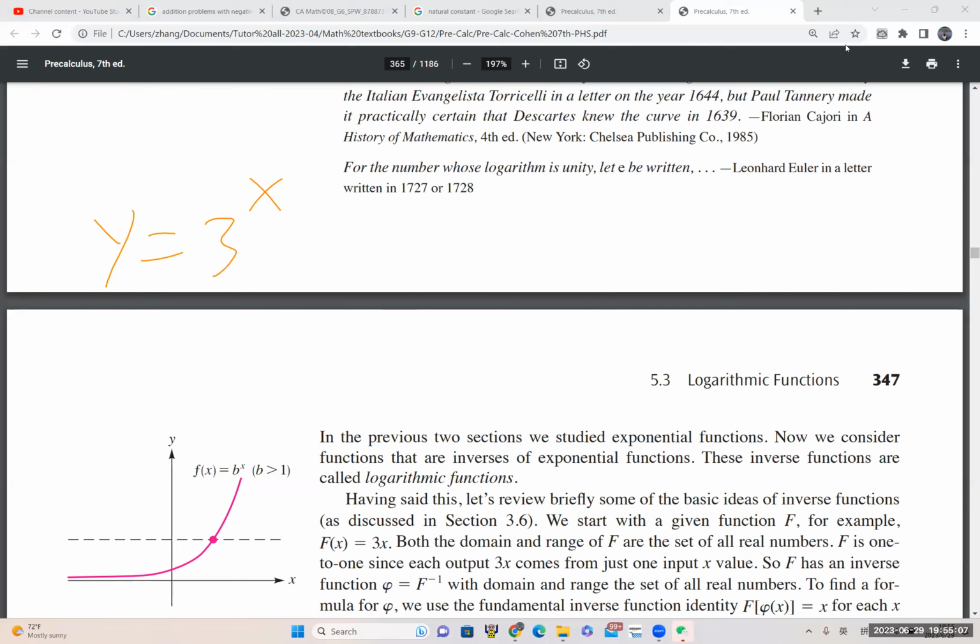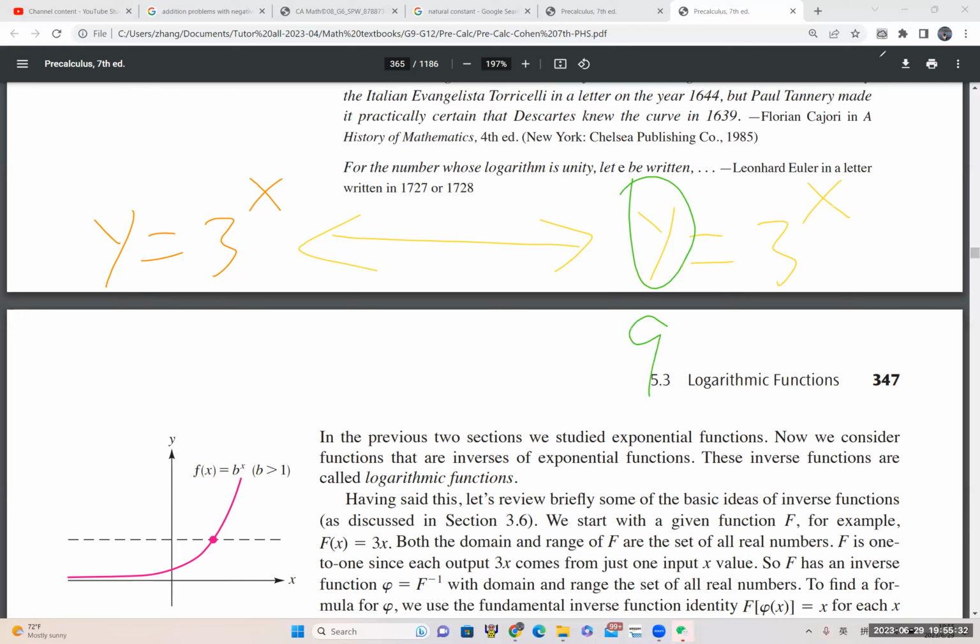But sometimes we still write y equals 3^x, but this time we know y. For example, who can provide a value? Of course, we need a positive value.